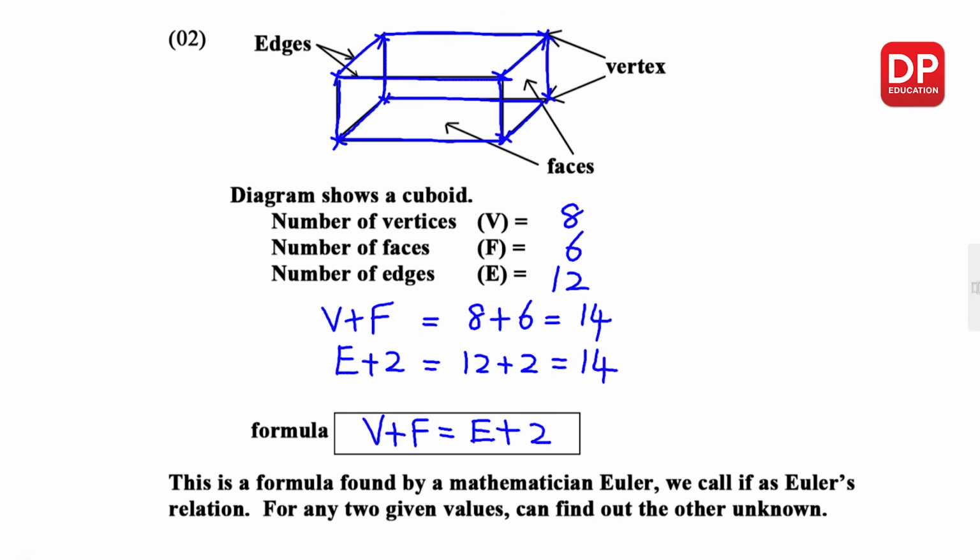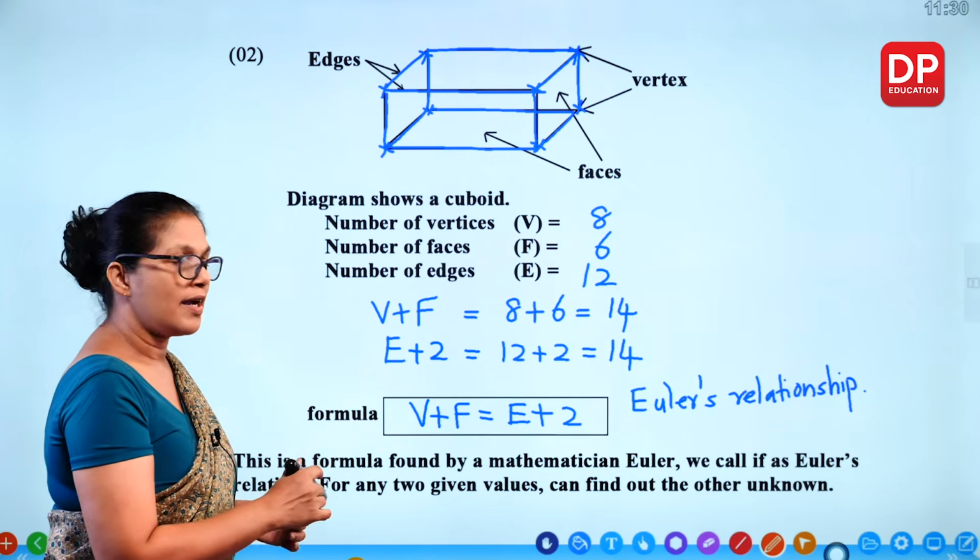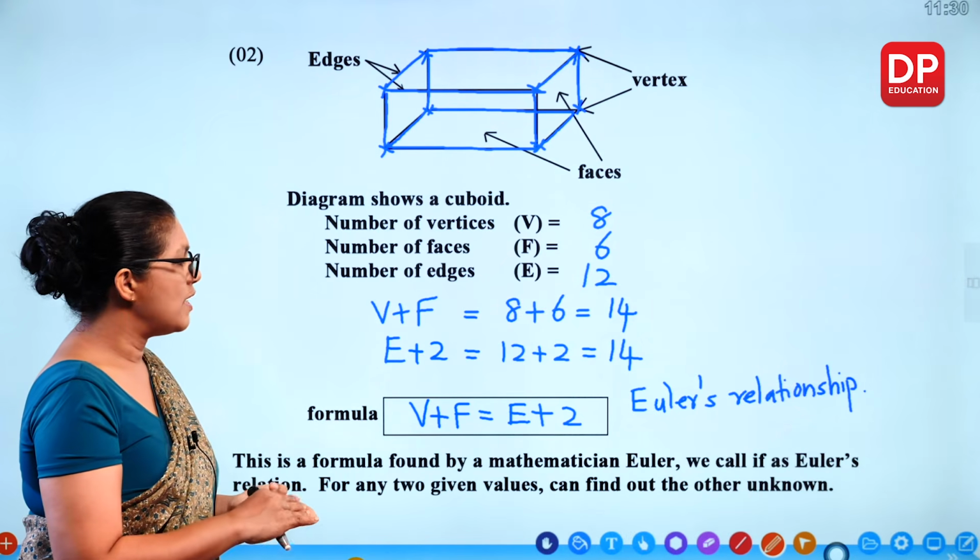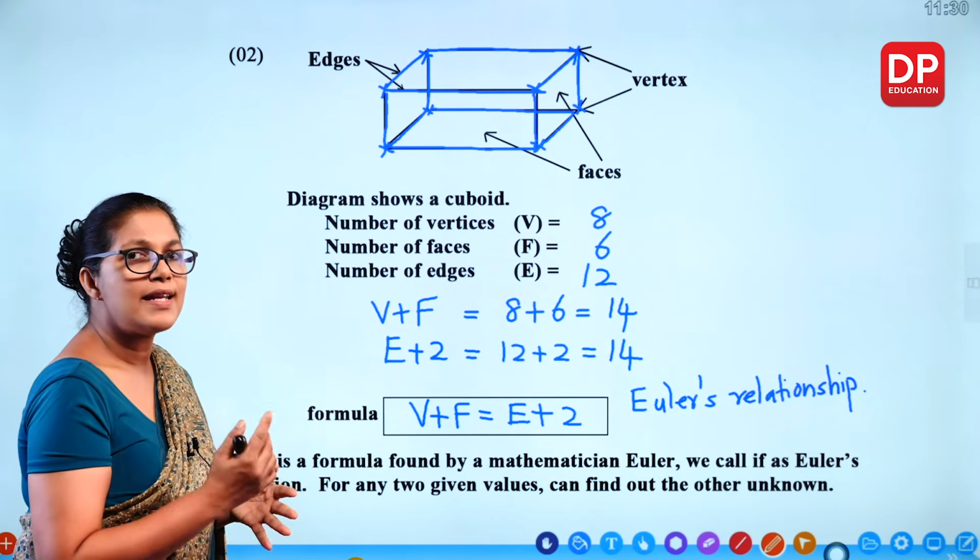So this is Euler's relationship. Can you remember? We did that before. Euler's relationship. So this is a formula, the relationship between vertices, faces and edges.